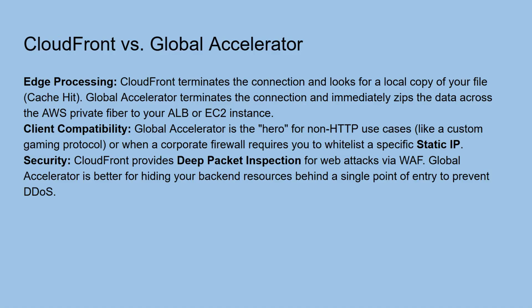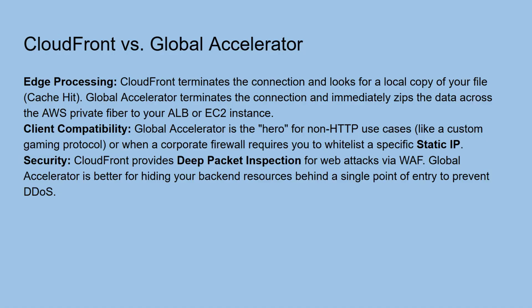Client compatibility wise, Global Accelerator is the hero for non-HTTP use cases, like a custom gaming protocol, or when a corporate firewall requires you to whitelist a specific static IP. And then again, on security, CloudFront provides deep packet inspection for attacks with WAF, and Global Accelerator is better for hiding your backend resources behind a single point of entry to prevent DDoS attacks.